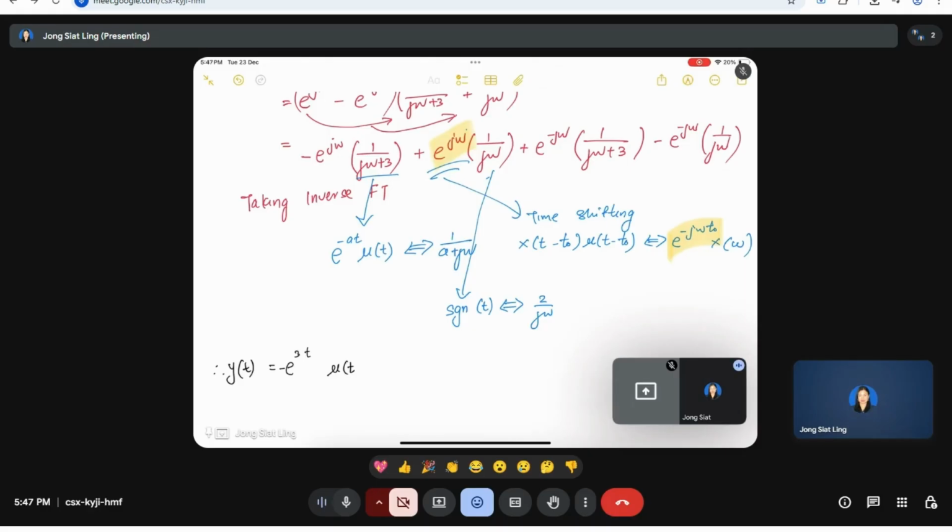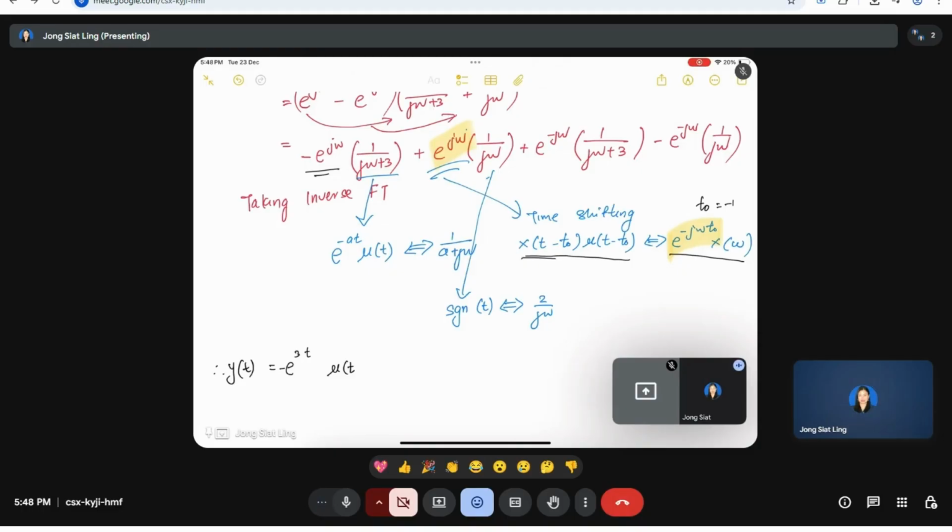But don't forget, you have this time shifting. So time shifting is x(t minus t naught), u(t minus t naught), then you have this one. So by referring to the answer of the Y(omega), you have exponent j omega, this means that your t naught is equivalent to negative 1. Then you will get positive j omega. Okay, so this means that the t naught is negative 1.